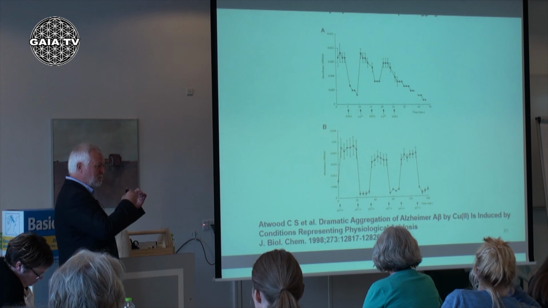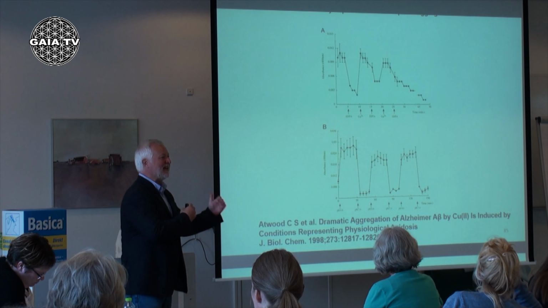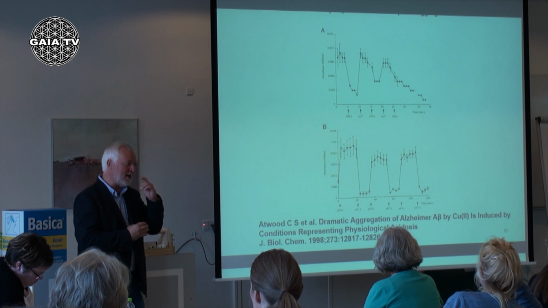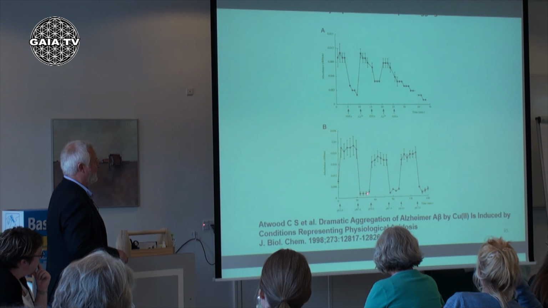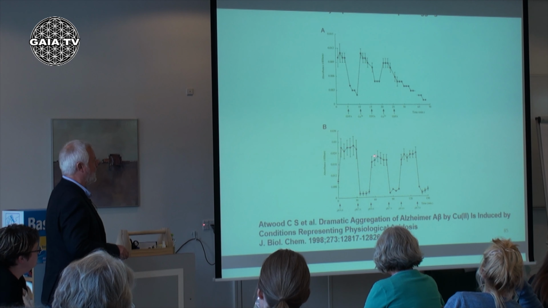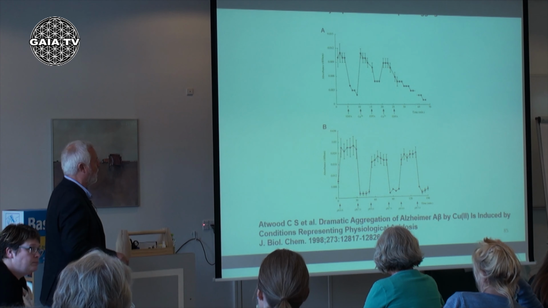That means pH changes that can be achieved in the brain will influence the deposit of these Alzheimer plaques. In this study they simply changed the pH and they have an aggregation, then they made it more alkaline, it dissolves again, they make it acidic, they have aggregation again, and so on, and so on, and so on.